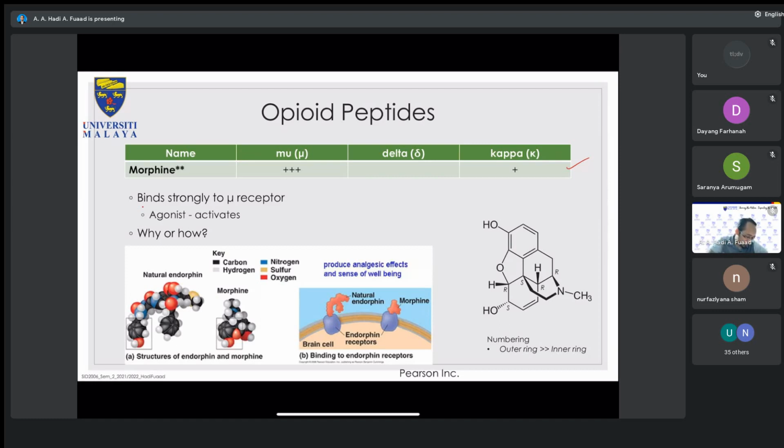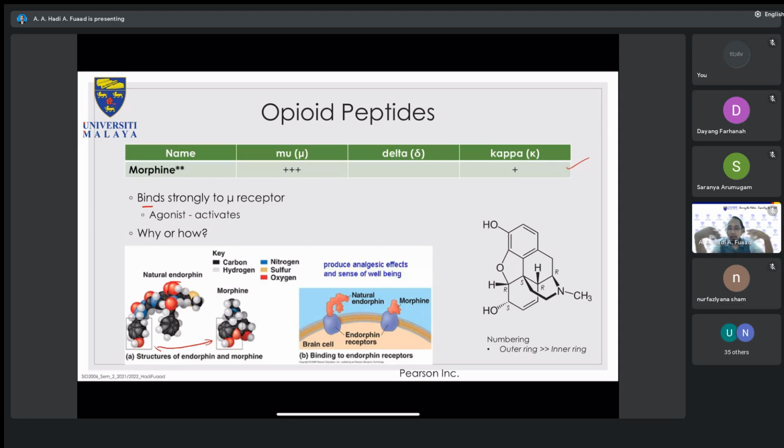Okay, so looking at the structure, that is the structure of one of the natural endorphins, and on the right hand side is the structure of morphine. Just by looking at the space filling model, or this one is ball and stick model, for morphine and endorphin, you can see there are basic, straightforward similarities.